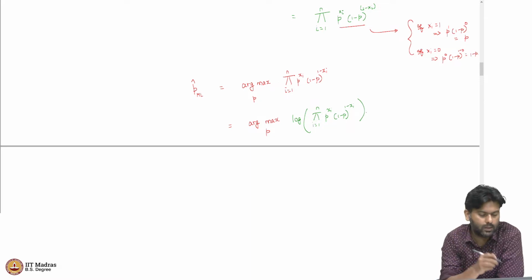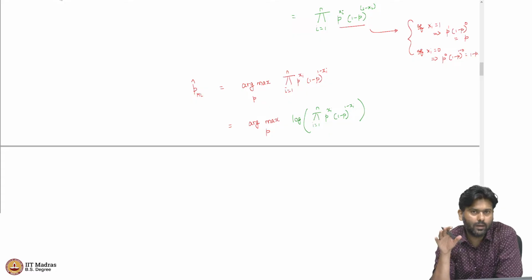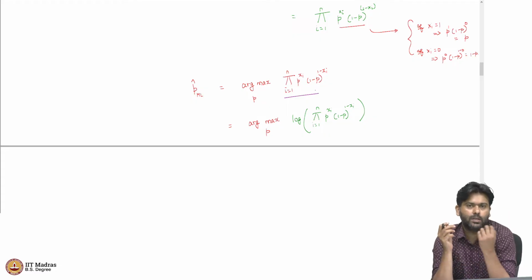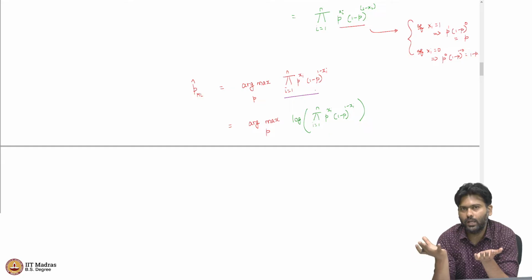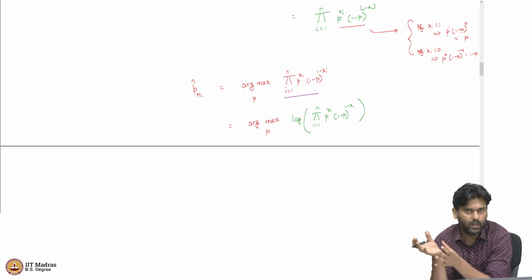Now remember, this is fine because logarithm is a monotonically increasing function, which means that if there is a p hat which maximizes the original function, the function's value at p hat is greater than the function's value at any other point. Now if I take the logarithm, because of its monotonicity, the log of the function's value at p hat will be greater than the log of the function's value at any other point.